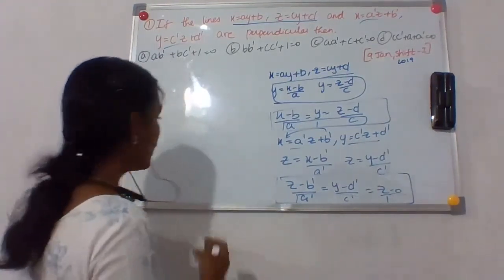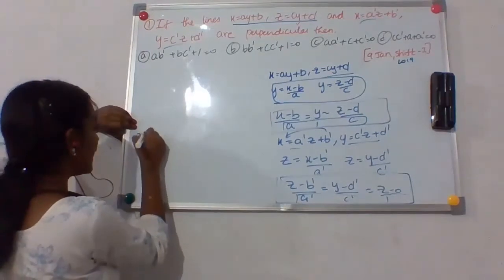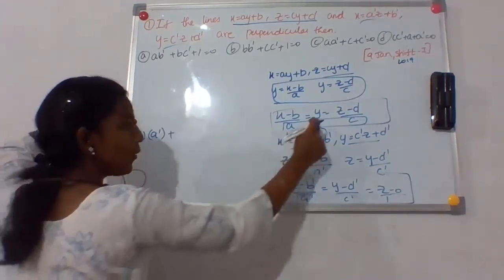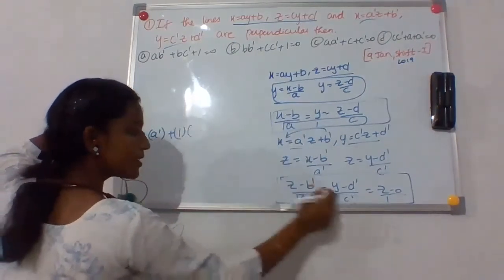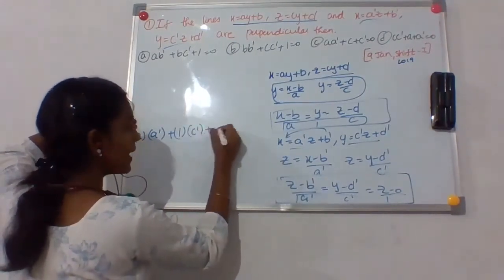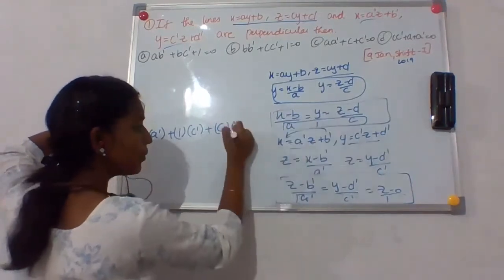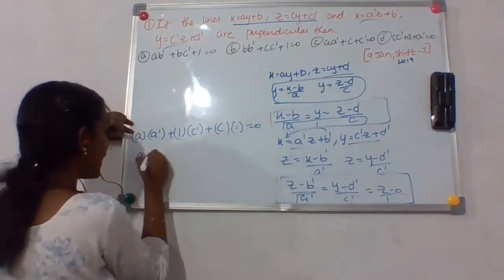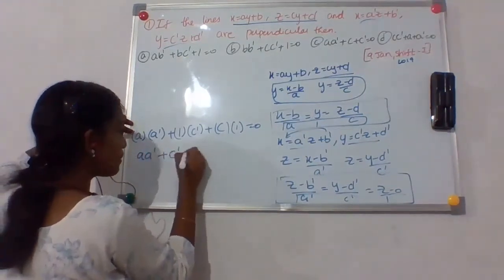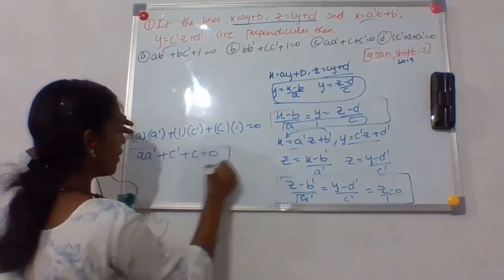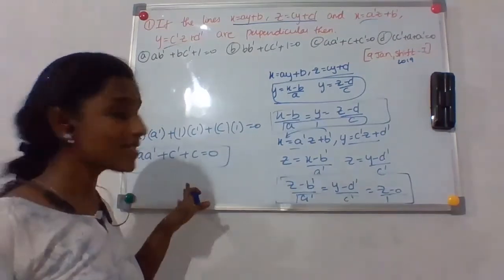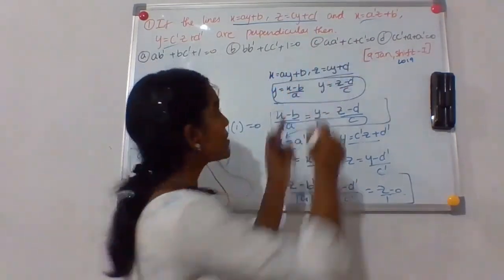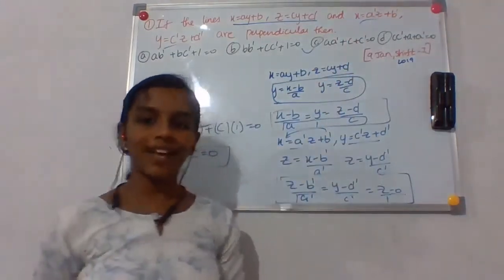Okay, so then what do I write? a into a dash plus 1 into c dash plus c into 1 is equals to 0. Then what do I get? a dash plus c dash plus c is equals to 0. Okay, so this is the answer. Where is the option? a dash plus c dash plus c equals to 0. So option C is the correct answer.